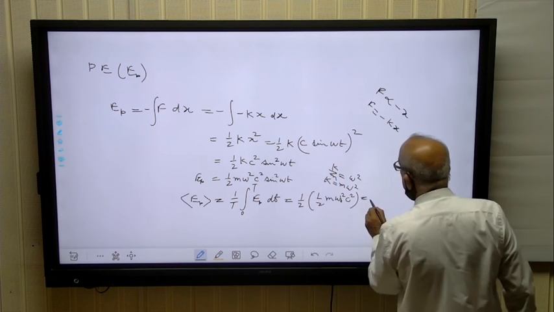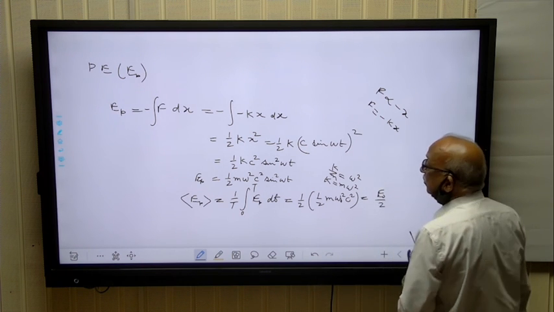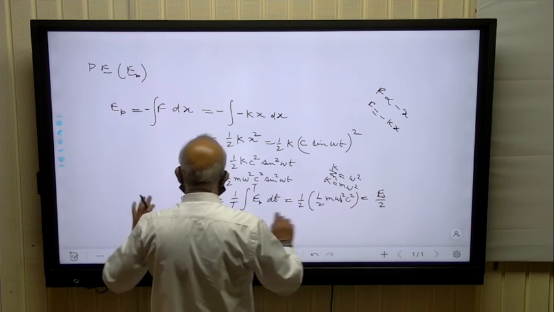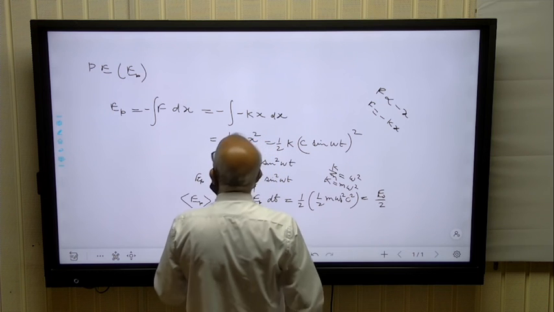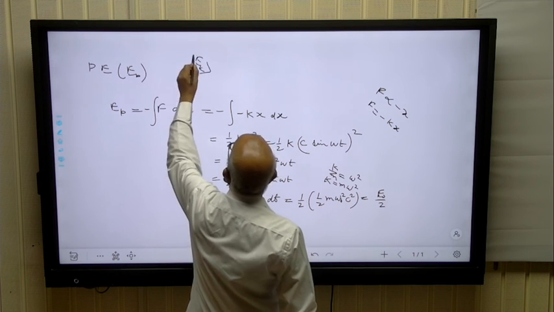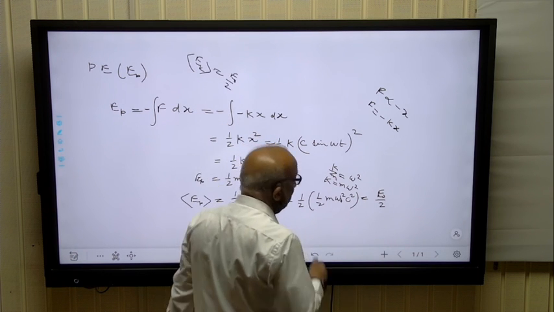So this is just E naught by 2. Again the same: the average of potential energy is E naught by 2. The average of E k was also E naught by 2.